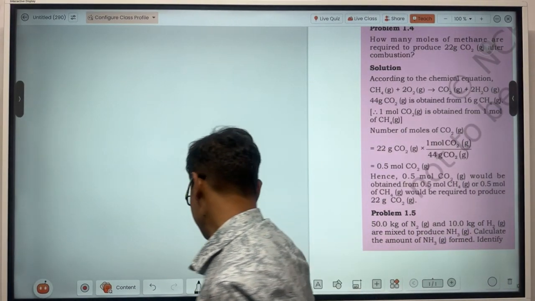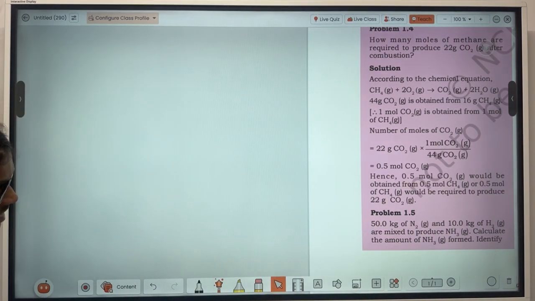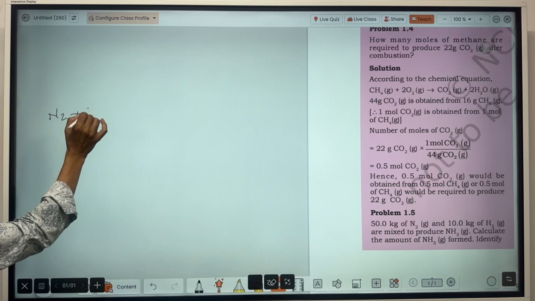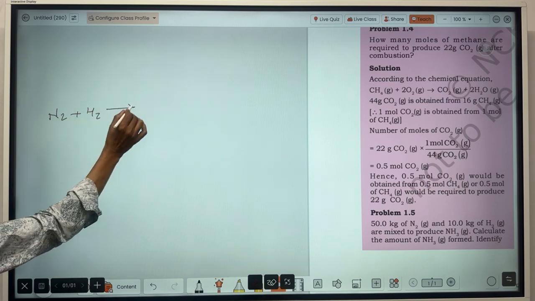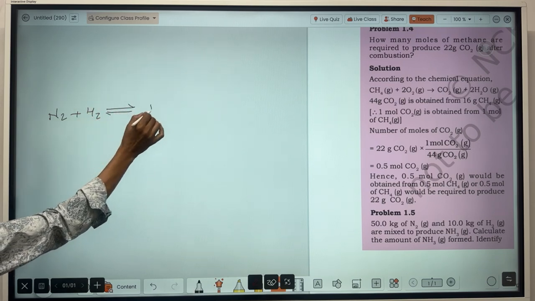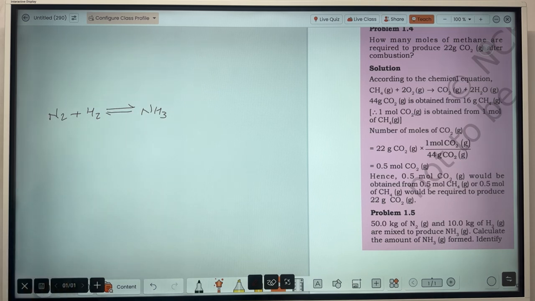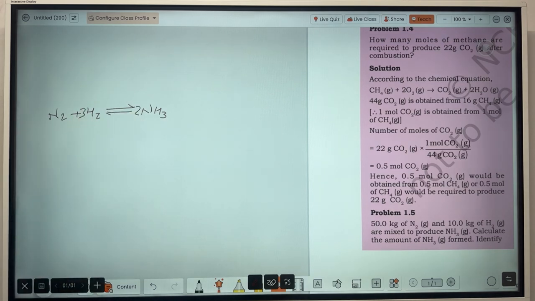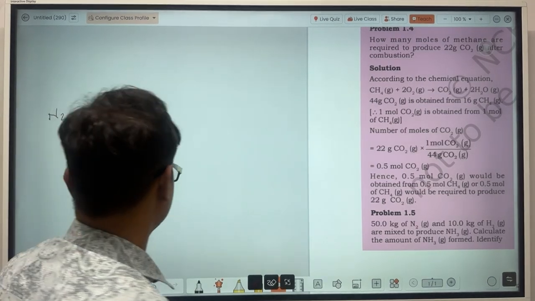So how is the reaction taking place? Nitrogen reacts with hydrogen and there will be formation of ammonia. That is the balanced chemical equation.